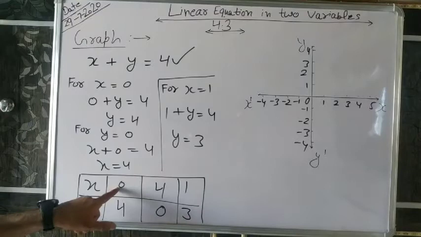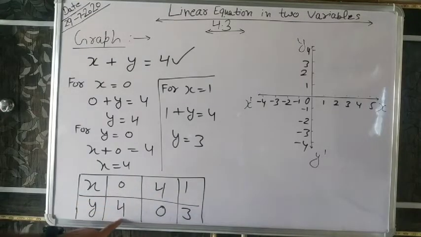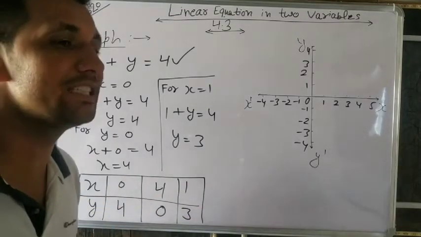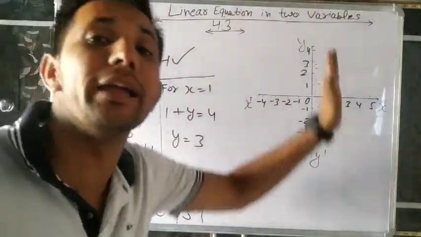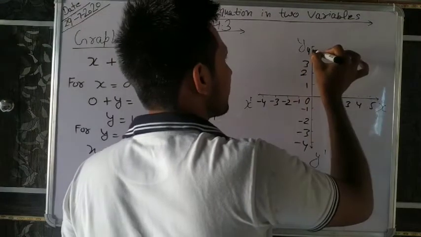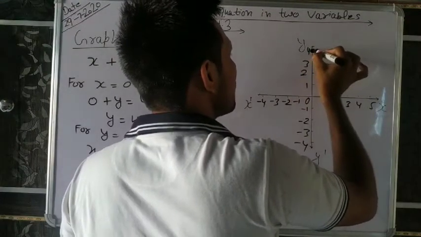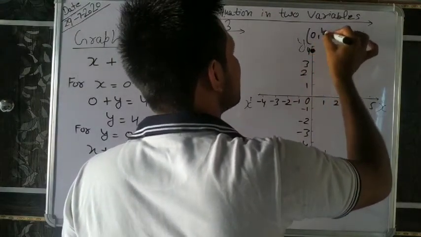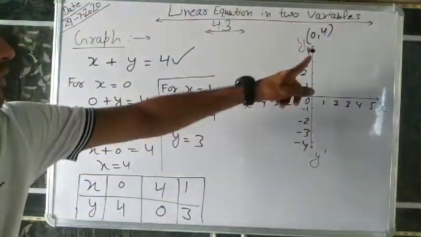When x is 0, y is 4. x equal to 0 is always on the y-axis, and y is 4. So this is the point: x is 0, y is 4. It is the first point.